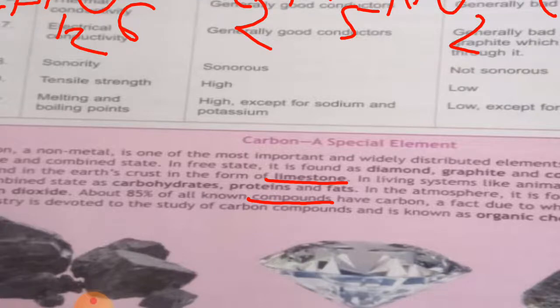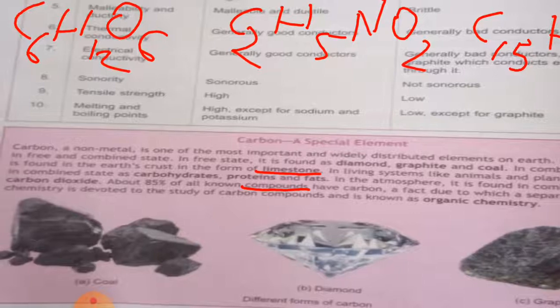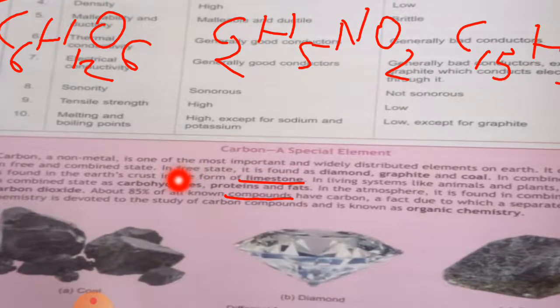Underline this word. A chemical formula in which two or more elements combined. Because of a lot of carbon compounds, a different branch of chemistry evolved, called organic chemistry.